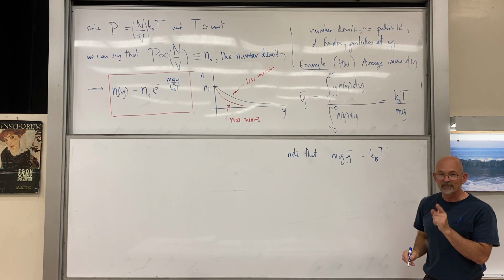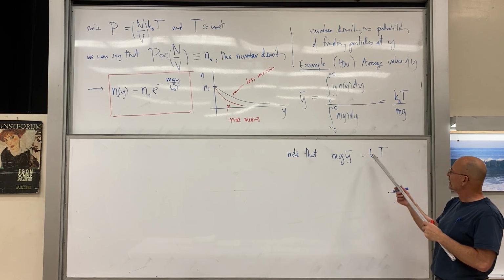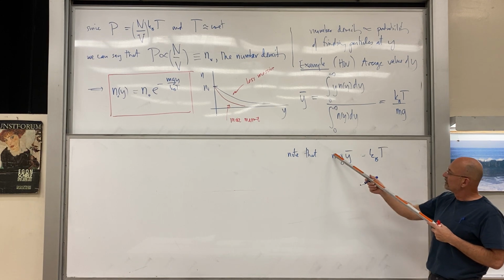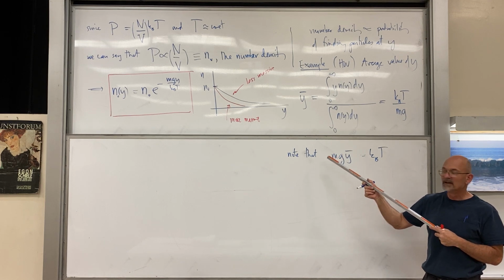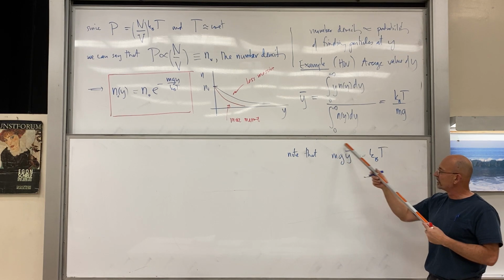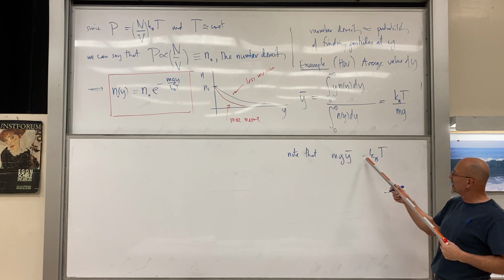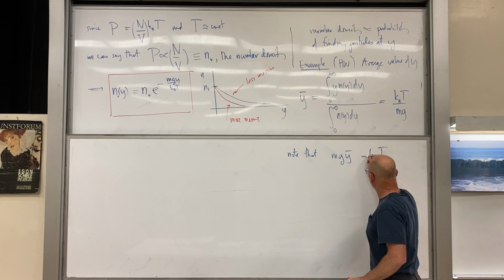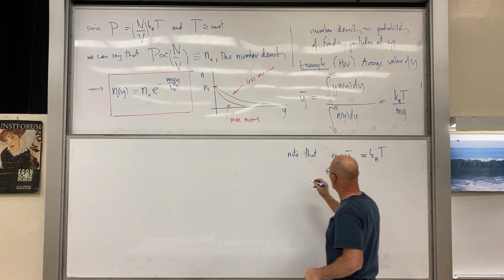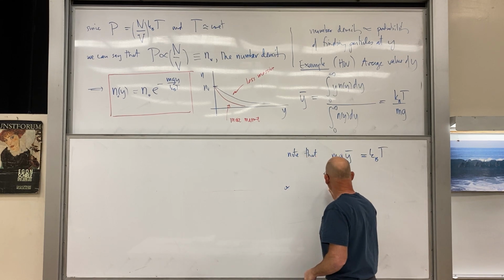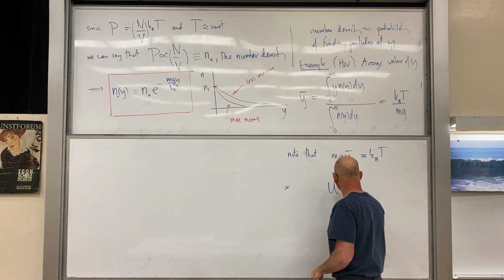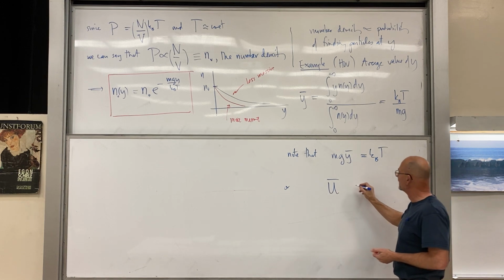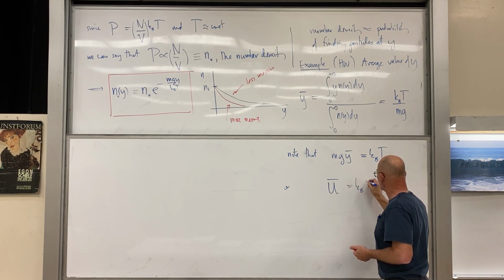So we had something similar the other day. Remember, this is a measure of thermal energy, but this here is the average potential energy of the particle in our exponential atmosphere. The average potential energy is just k Boltzmann temperature. Or potential energy average, which is what we could just call this left side, is equal to k Boltzmann temperature.